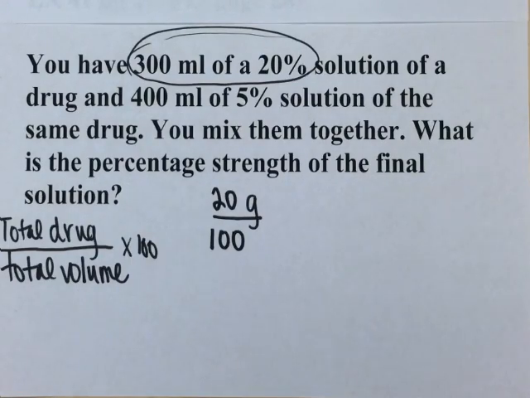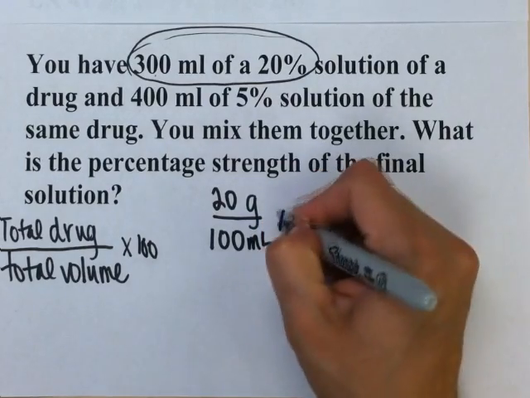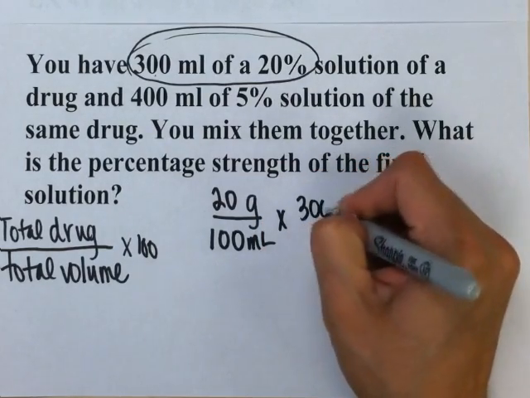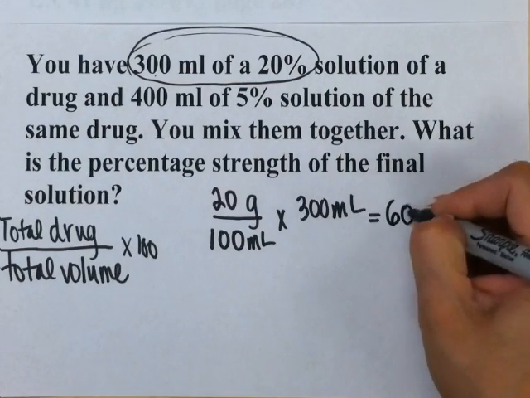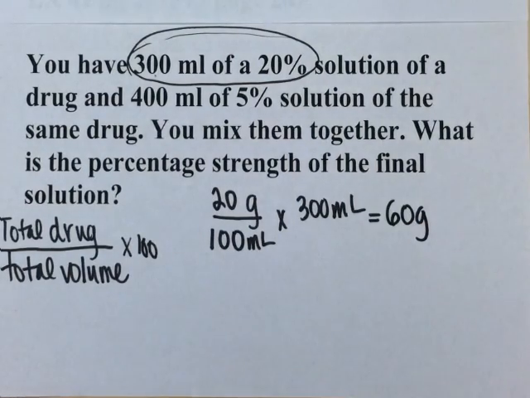But we don't have 100 mLs, we actually have 300 mLs. So we're going to multiply this by 300 mLs to calculate the total drug present in that portion of solution. So 20 divided by 100 times 300, we get 60. So 60 grams is present in that one.